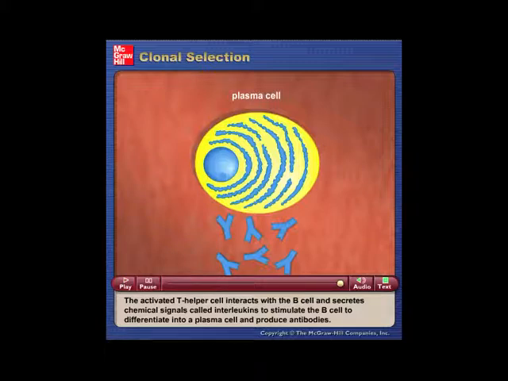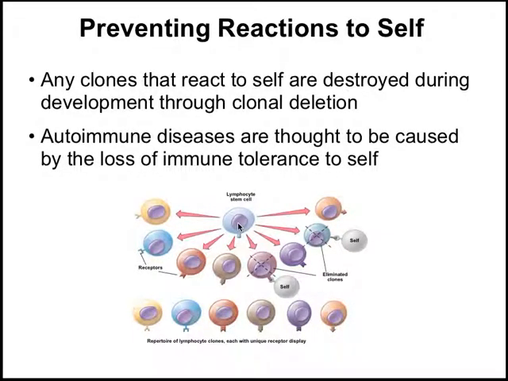So hopefully this animation gives you a better picture of what's going on during lymphocyte development. So in the production of all of these different receptor molecules or antibody molecules, why is it that some are not created that react to self? It turns out that there's a process of regulation that occurs during development. Any clones that react to self markers are destroyed through clonal deletion.